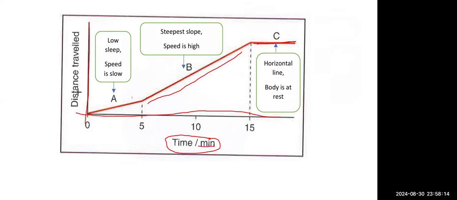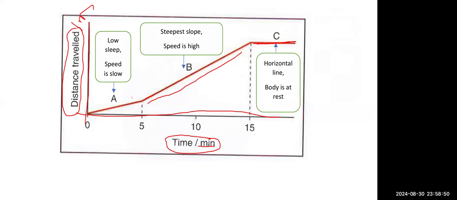Then write down which quantity you are taking on the y-axis, and with that quantity mention the unit. For example, I am measuring the distance in meter. By doing this, you will get about 2 marks, and then you have to draw the graph according to the given data. Then you will get 4 marks for that graph. So mostly this question comes for around 4 to 5 marks.